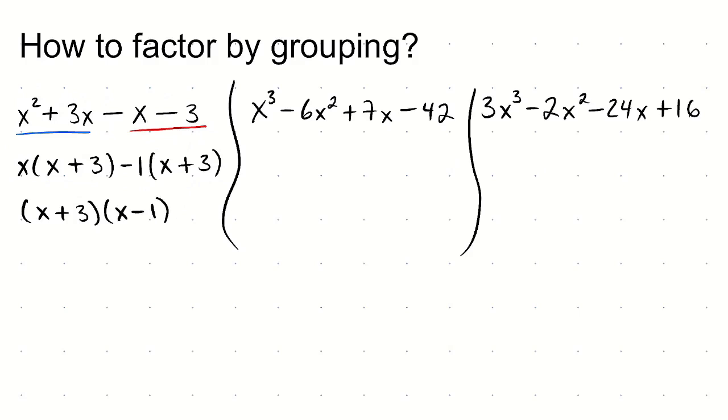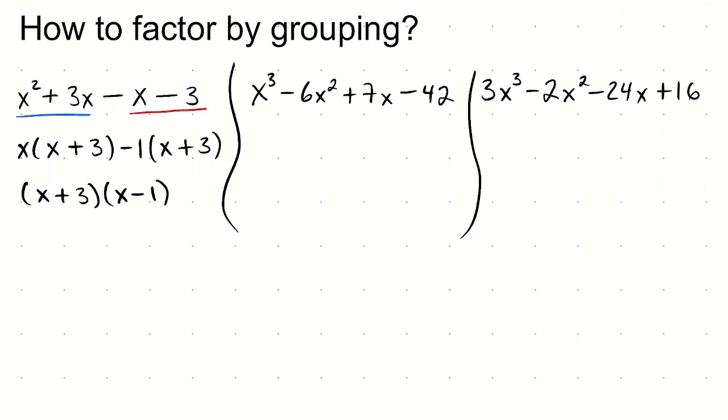So that's done. And you can check yourself to make sure that you did it correctly by FOILing. So factoring is the opposite of multiplication, so we're going to multiply these out. So let's check. So I'm just going to put here, check.